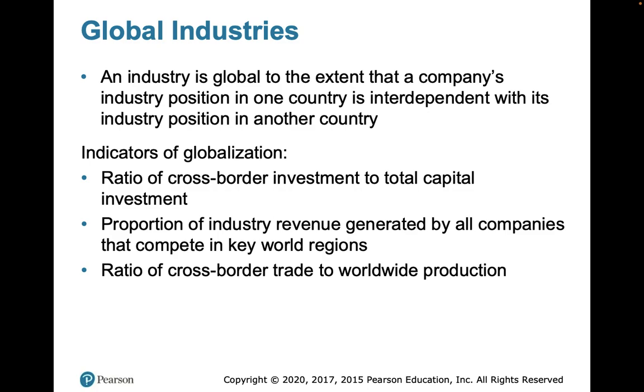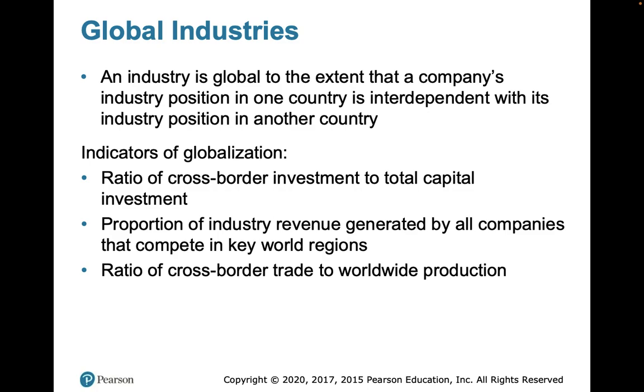Now let's look at indicators of globalization. First one is the ratio of cross-border investment to total capital investment. Second one is the proportion of industry revenue generated by all companies that compete in key world regions, and the ratio of cross-border trade to worldwide production.